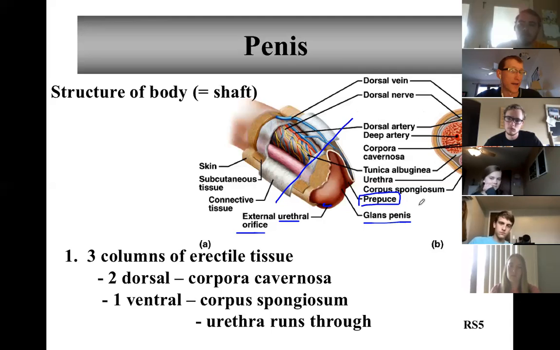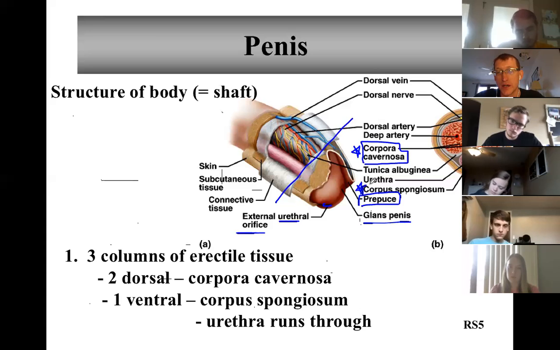Corpus is Latin for body. If you've ever heard the word corpse, as in a dead body, that's where corpus comes from. So you've got corpus spongiosum, put a little star here, and corpus cavernosa. These things I would like you to know. So if you haven't written too much down, because a lot of it's very common sense, go ahead and write down corpus cavernosa and corpus spongiosum.